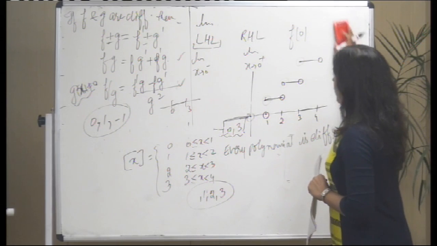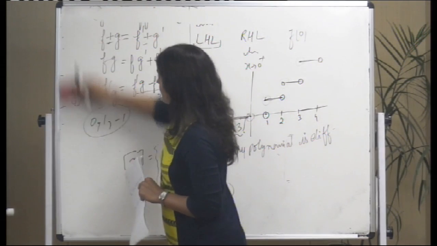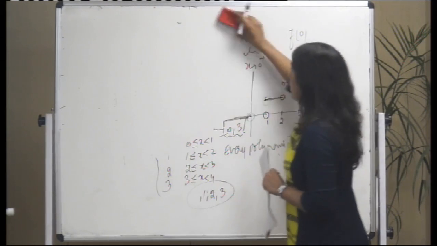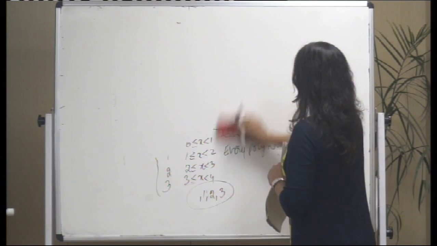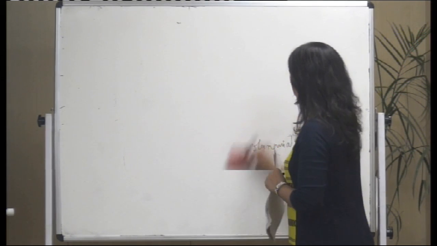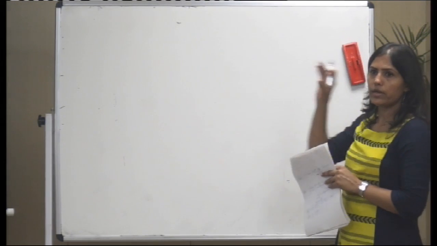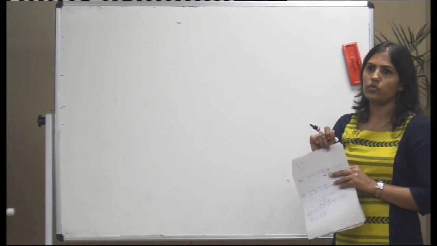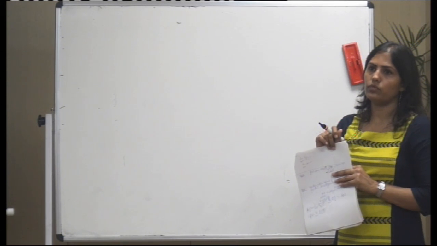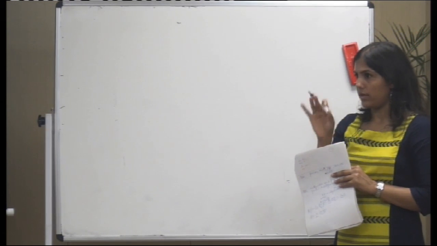Okay, one more question I am taking. A function is continuous on an interval if... have you done continuity on an interval? Because the same thing I'll do for derivatives.